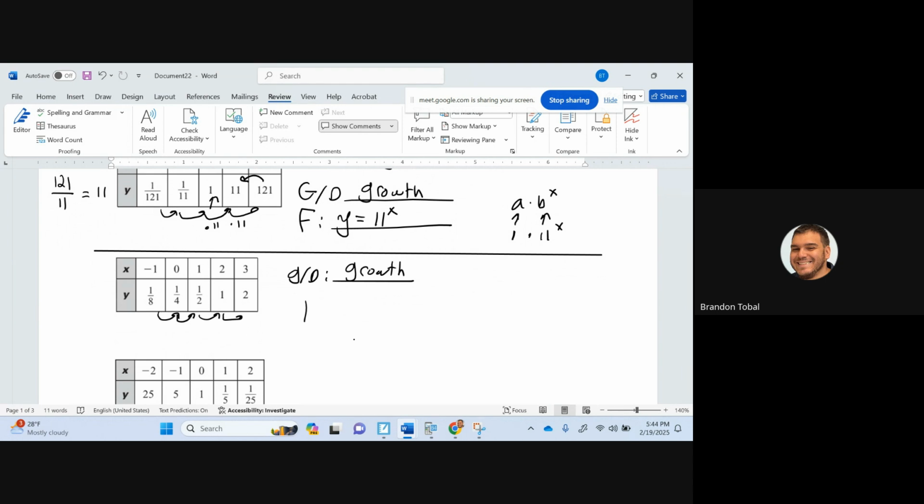So it's a growth. The formula here, remember, you want to look where x equals 0. In this case, it's 1/4. So I know my a is 1/4. And my b is what I'm multiplying each time. Looks like it's times 2. So it's 1/4 times 2 to the x power.